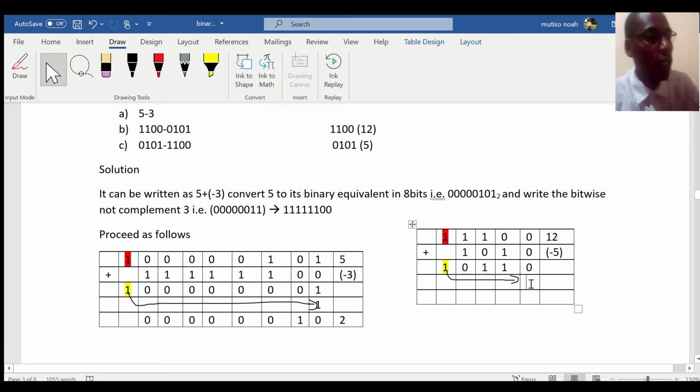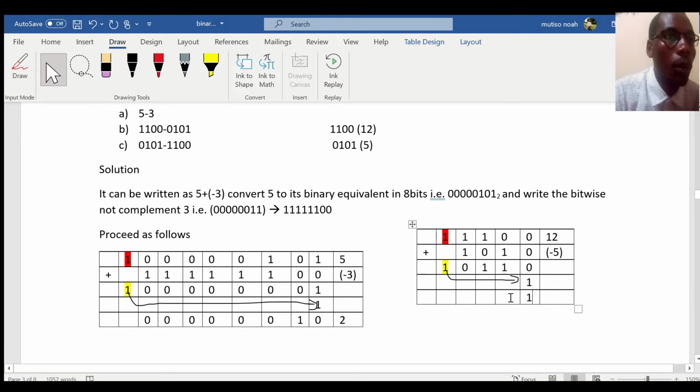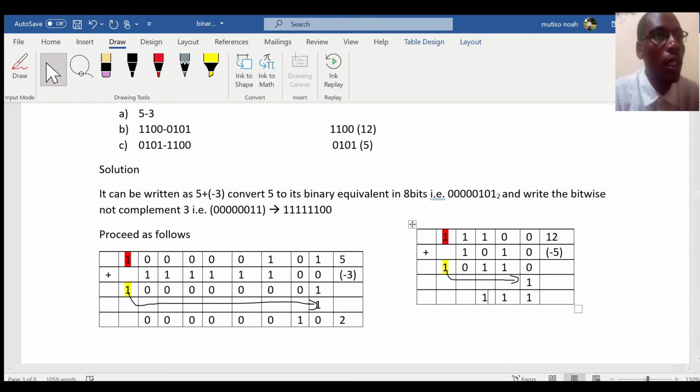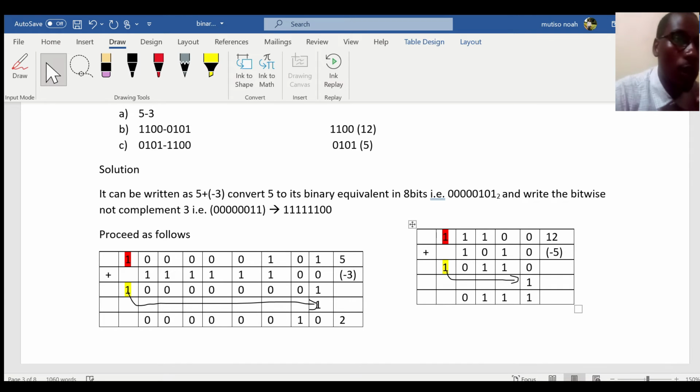So I say 1. Let us add again. This is the result. 0 plus 1, 1. 1 plus nothing, 1. 1 plus nothing, 1. 0 plus nothing, 0. 0 plus nothing, 0.